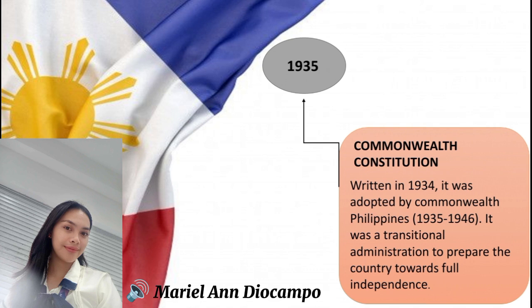The Constitution further established 3 independent constitutional commissions: the Civil Service Commission, the Commission on Elections, and the Commission on Audit. The main issue of this constitution was the limited sovereignty of the Philippines, as the United States maintained control over important areas such as defense and foreign affairs.